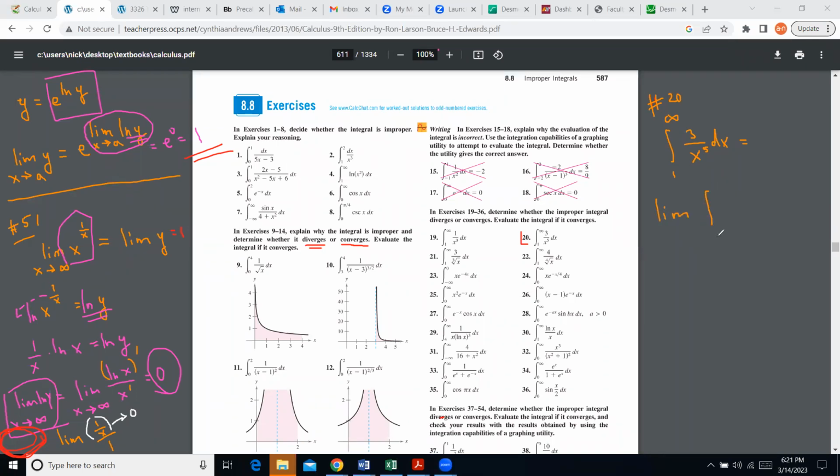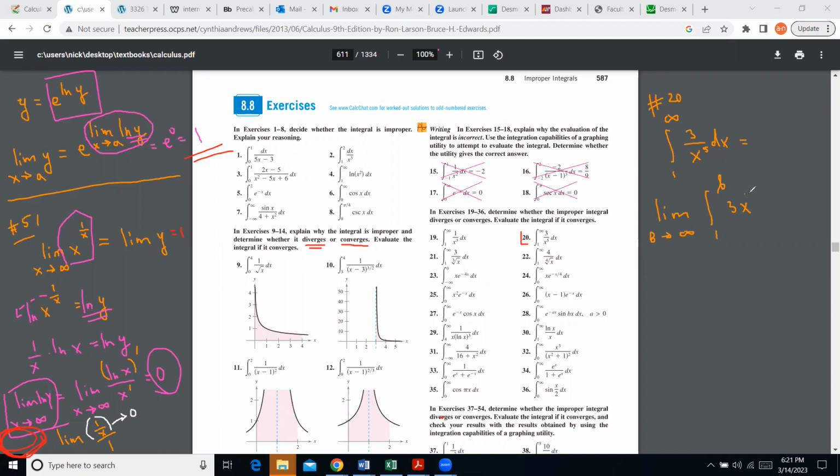I start at 1 and go to number b, but that b I send to infinity. You see the trick? B goes to infinity rather than plugging in infinity, we replace it with a b.